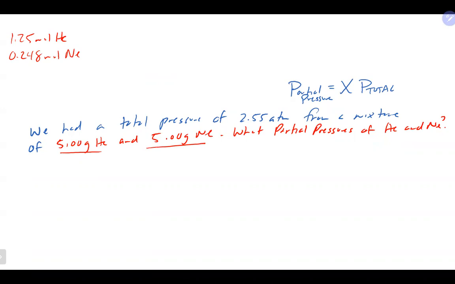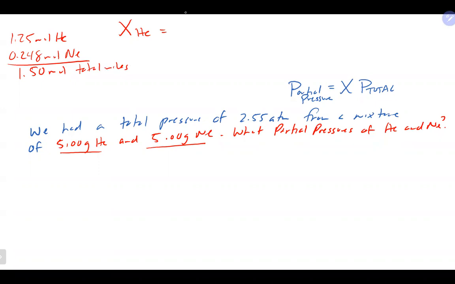So what we could do is figure out the mole fraction for helium. And we could get the total moles by just adding those together. So it would be 1.25 plus 0.248 gives us a total of 1.50 moles.